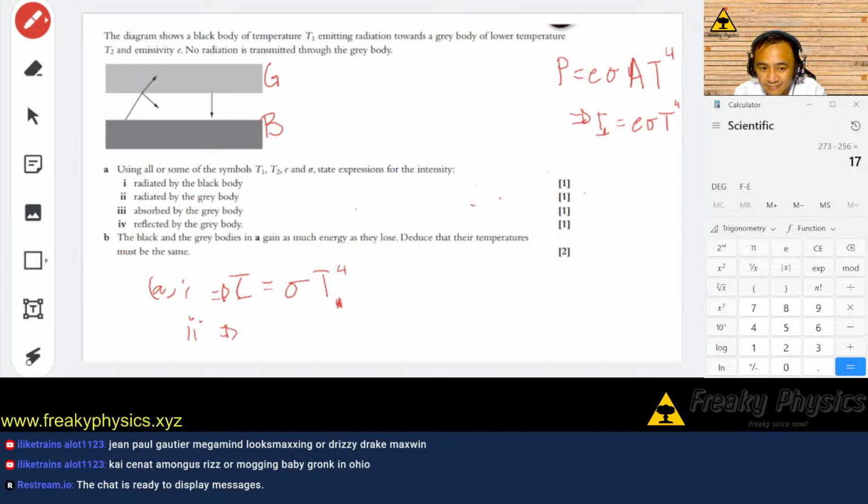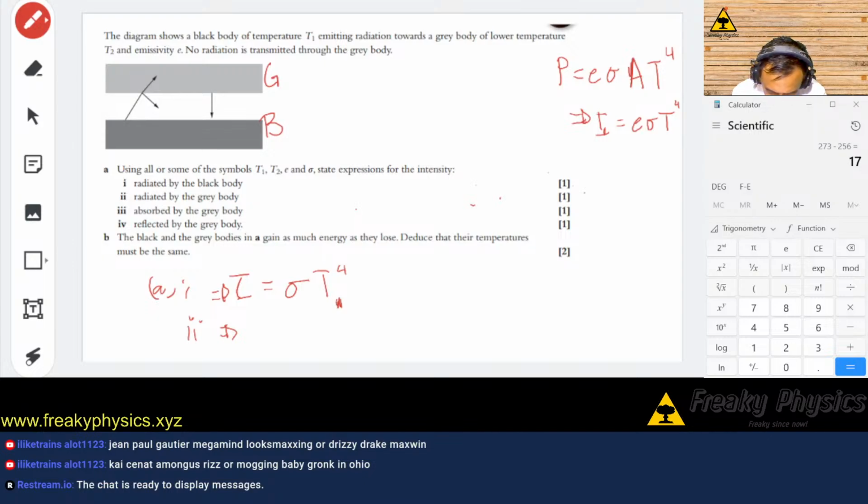Part one. So it's radiated by the black body. So like the line is pointing to the gray one? Yeah, the gray one. And radiated by the gray is the vertical line from gray to B. That's correct.